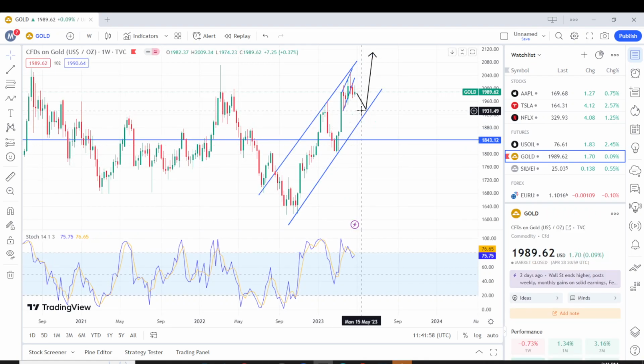This level is 1933. It might come to this level, the 1950s. So we expect the price to continue moving downwards up to that level. Then when it is rejected, we will focus on other things.